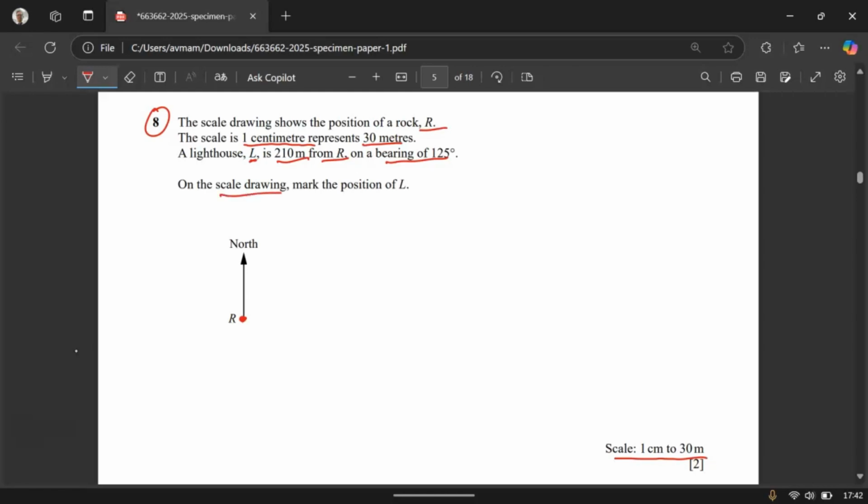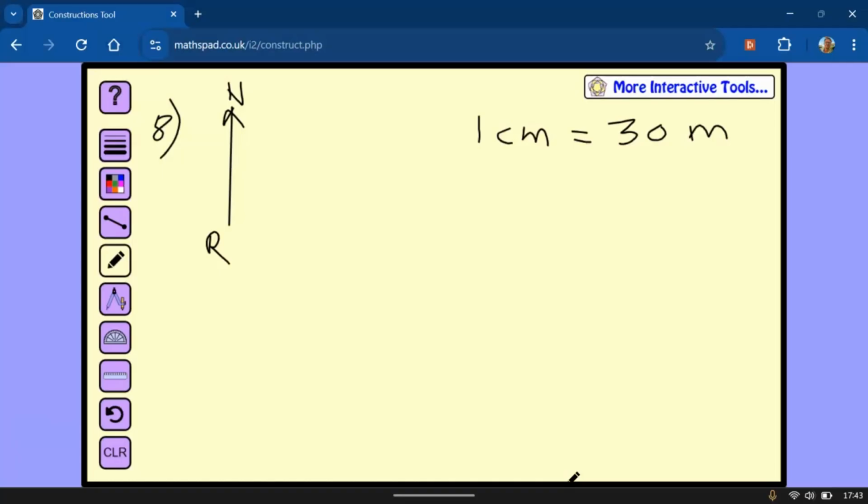On the scale drawing, mark the position of L. So first let's find the distance from R to L. In real life it is 210 meters. Let us divide by the scale factor, which is 30. So 210 divided by 30 will give you 7 centimeters.